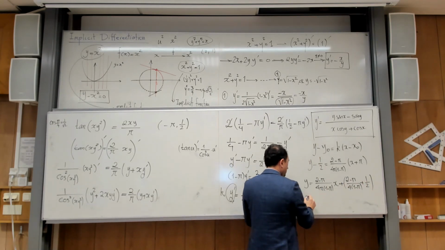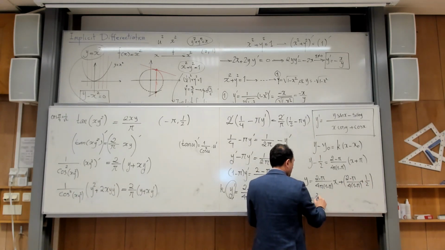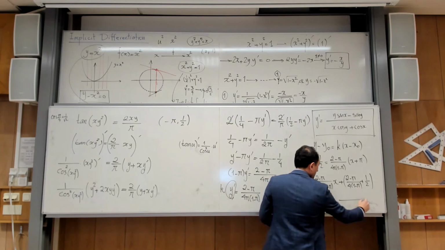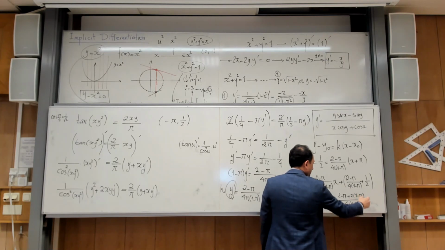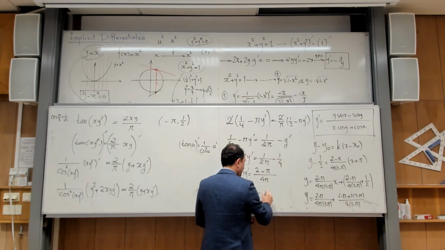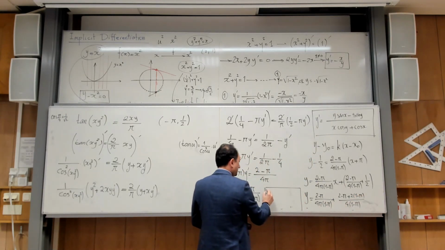And if you want, yes, we can simplify this a little bit, not that much. So I can take the common denominator to be this guy, and this is 2, so let me write 2 minus pi, and this is 2 times (1 minus pi). And finally, if I have done every calculation right, that should be the final answer.